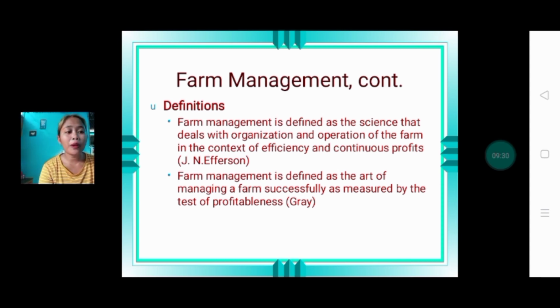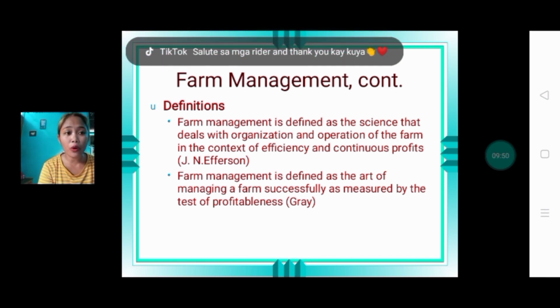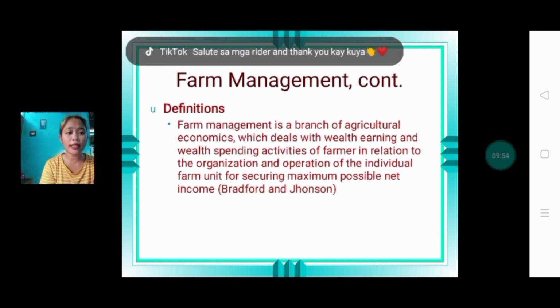From the word management, we can define to manage in a business, in a farm business. Managing your business is very important because when you manage your business, it will grow or it will be nothing.